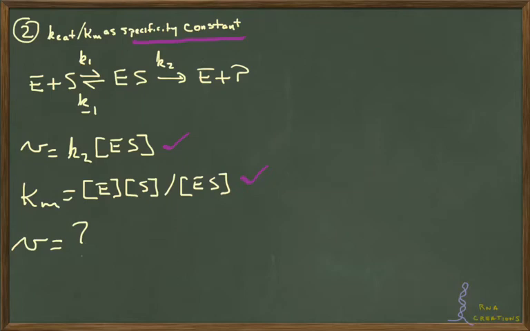Well, the one thing I can do is replace ES here with ES from the second equation. And you can see that ES from the second equation is equal to E times S over Km. So we'll go ahead and put that in. And so now in place of ES, I'll put in E times S over Km.